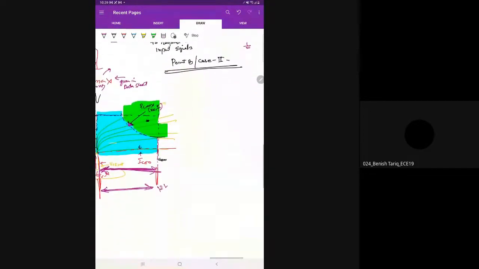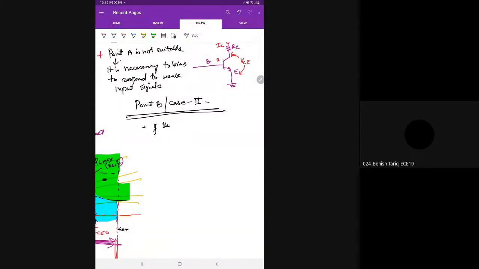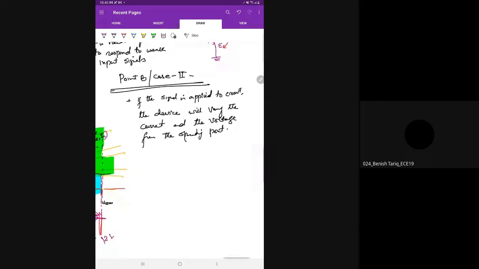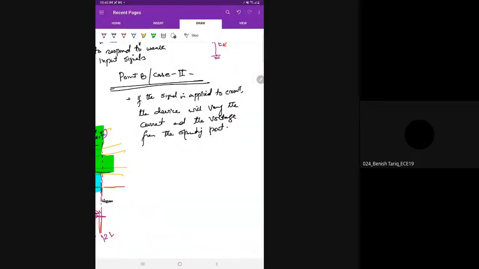I will draw this. Now first I will write down here: if the signal is applied to circuit, the device will vary the current and the voltage from the operating point. ठीक है. तो अगर अब इसमें हम सिग्नल अप्लाई करेंगे, then the device will vary the current and voltage from the operating point. How will it vary? It will vary like this.